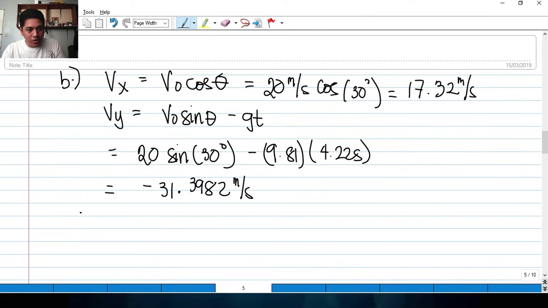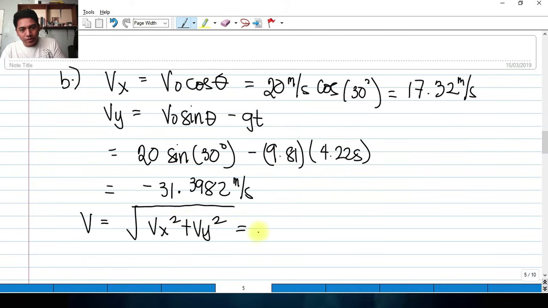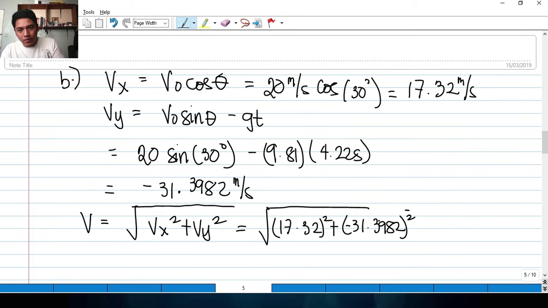And if we wish to calculate the speed, that is basically the magnitude, the square root of vx squared plus vy squared. So the magnitude is simply 17.32 squared plus negative 31.3982 squared.